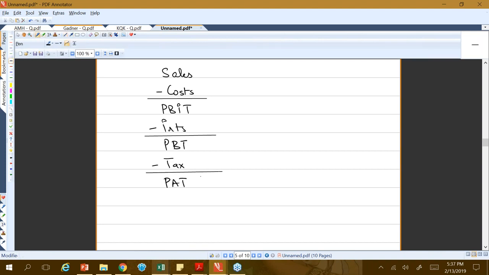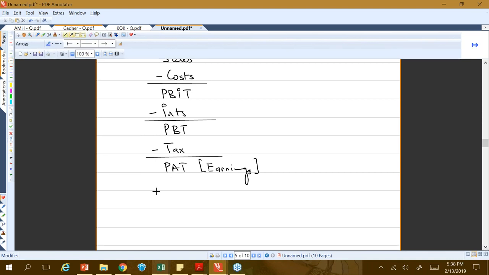Now this profit after tax, another name for that is earnings. This is also our earnings. Once I've got the profit after tax, it has two parts. The first part is paid out as dividends, and the remainder is retained earnings.